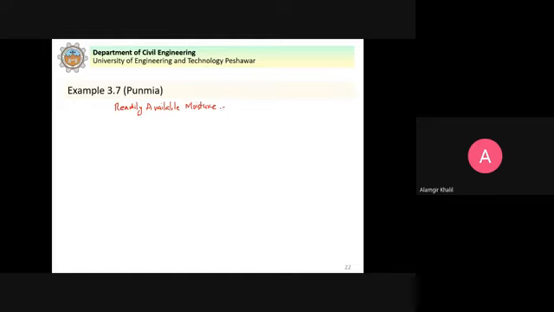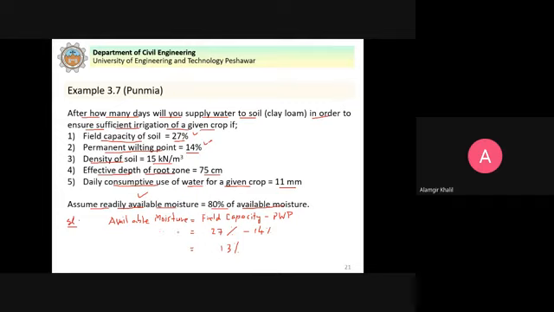So this will be equal to 0.8 into the available moisture, which is now 13%. So 0.8 into 13%. So this is equal to 10.4%.